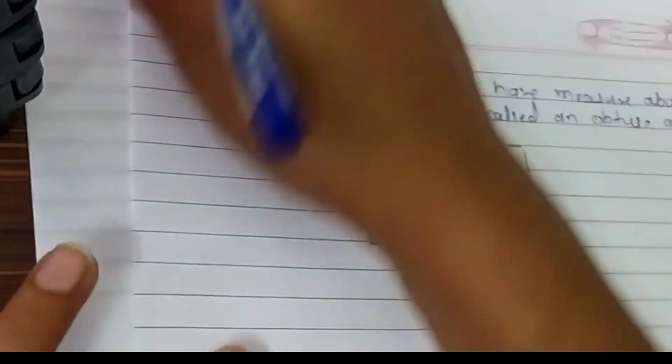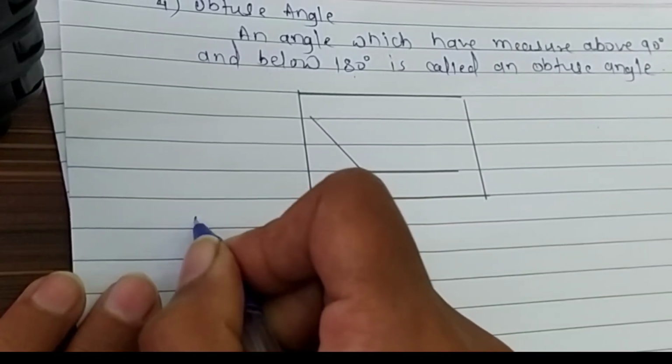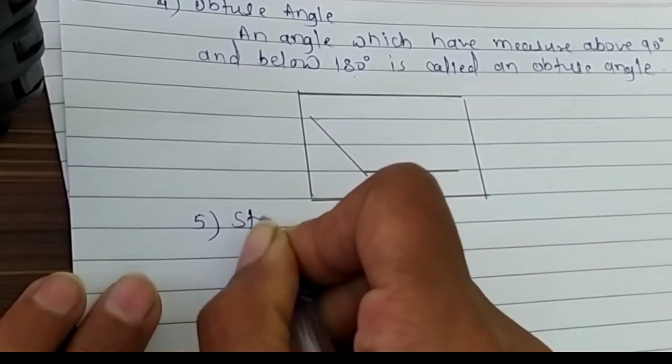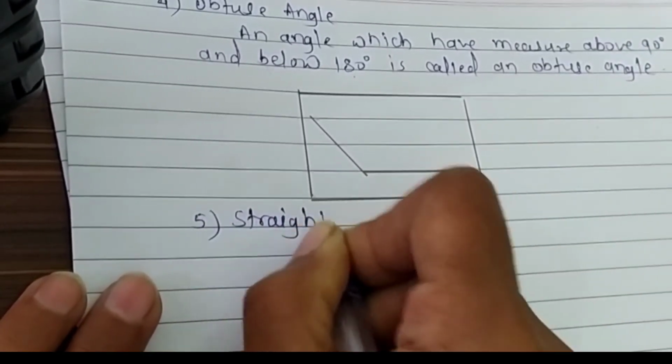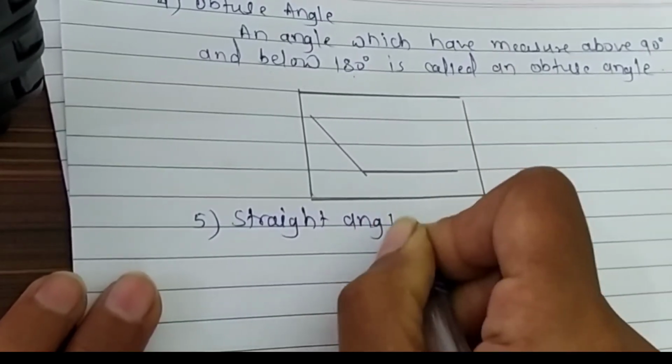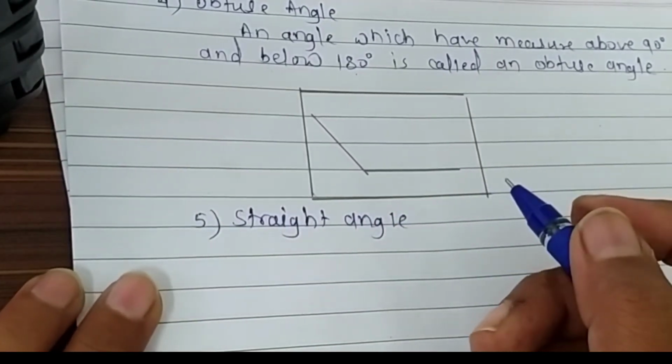The next is straight angle. What is the definition of a straight angle?